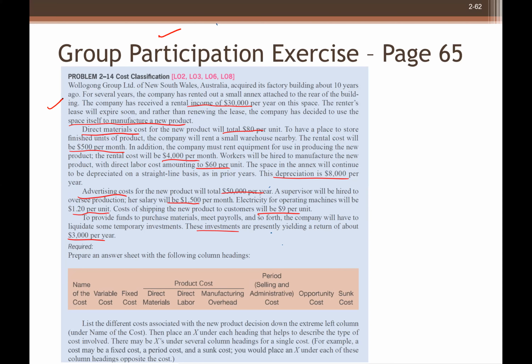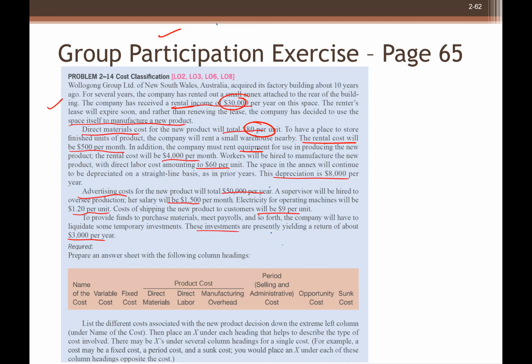We have the rental income, and the company has now decided to rent itself out, right? And then 30,000. Then we have direct material cost, which is 80 per unit. Then we have a rental cost of 500 for the warehouse. Then we have a rental cost of 4,000, which is the equipment rental cost.